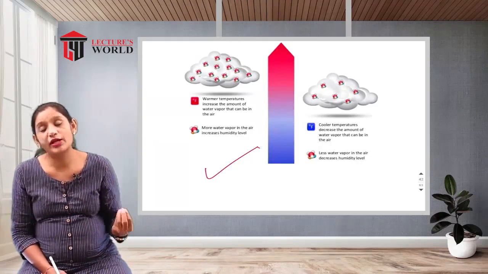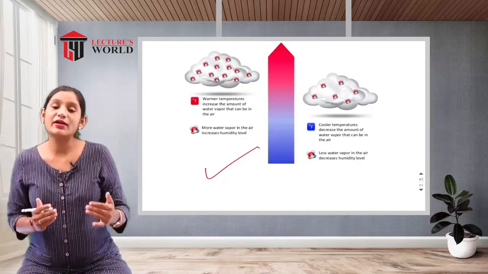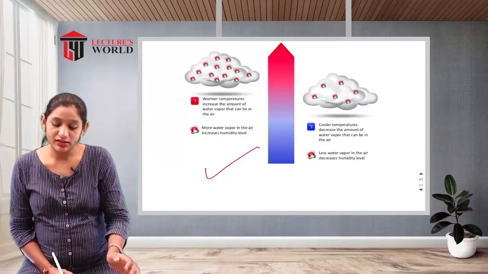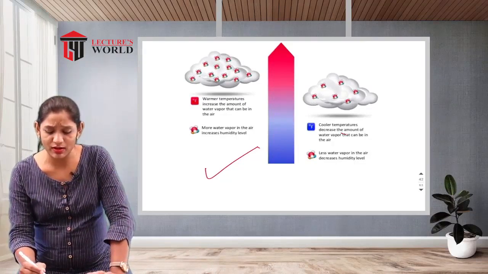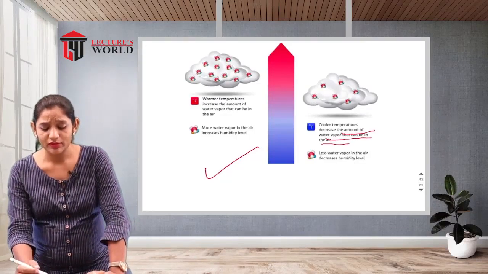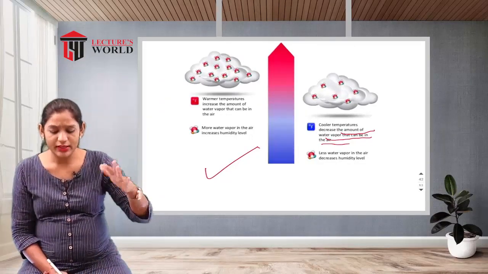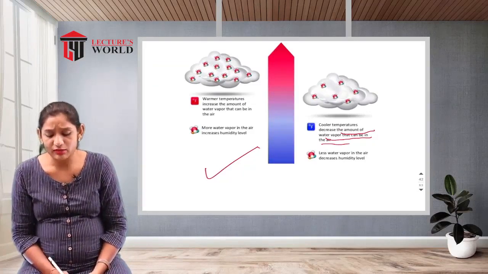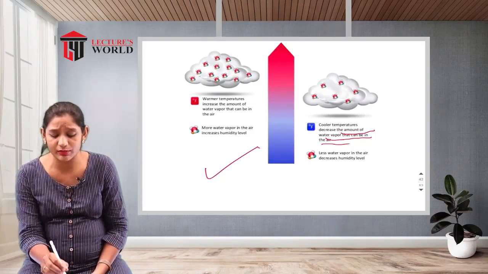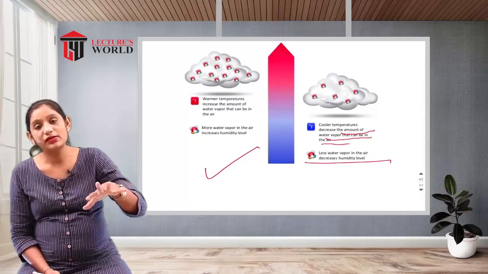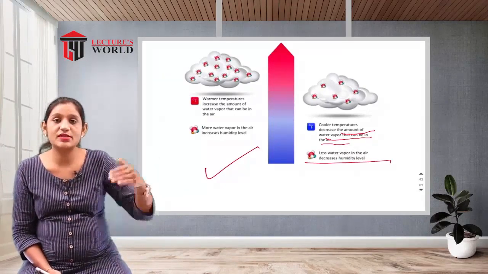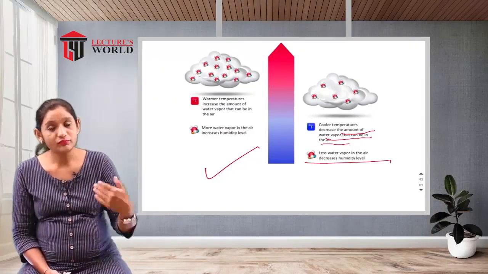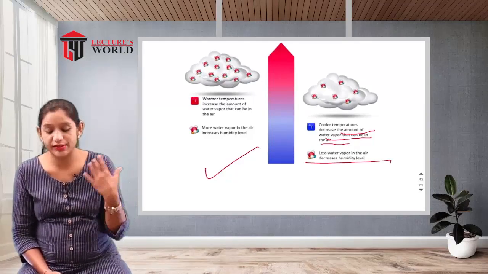Cooler temperatures decrease the amount of water vapor that can be in the air. Less water vapor in the air decreases the humidity level, according to the definition of humidity.